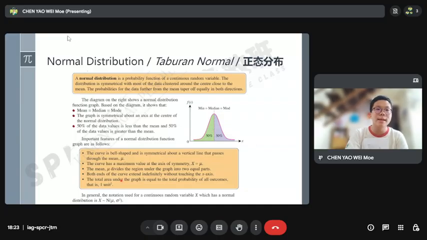We can represent the normal distribution like this: X, the sign, the mean, comma, and the variance. So we are using the mean, variance and standard deviation to write the normal distribution. Normal distribution is usually used for a continuous random variable.